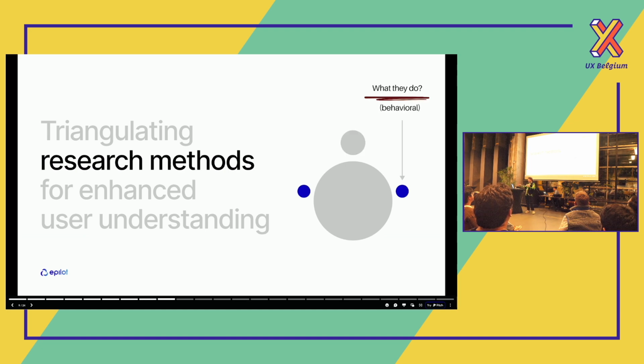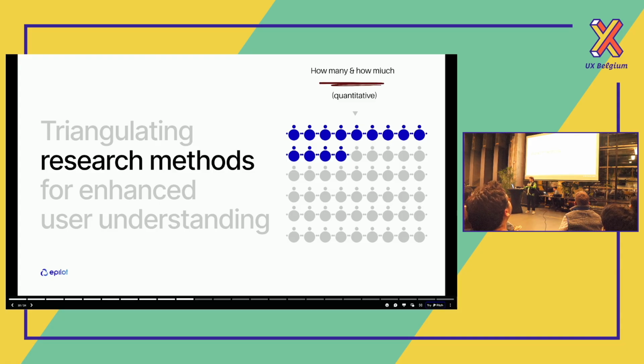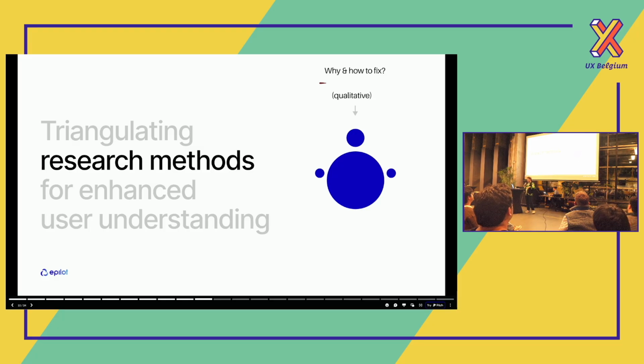Then we have research methods that help us understand what users do. It's called behavioral. We have research methods that help us understand how many and how much problems we have. These are quantitative methods. And in the end, we have methods that help us understand why and how to fix something. Qualitative.